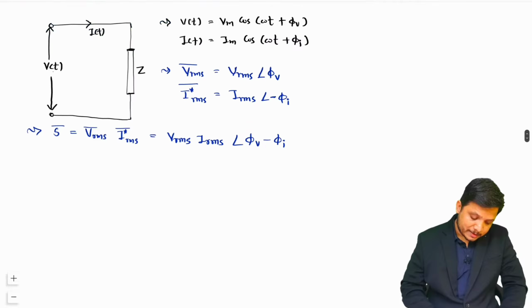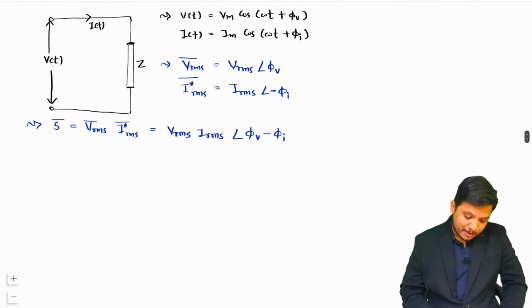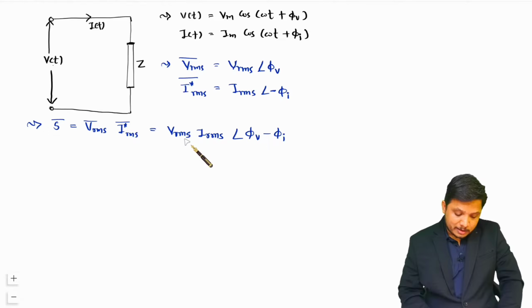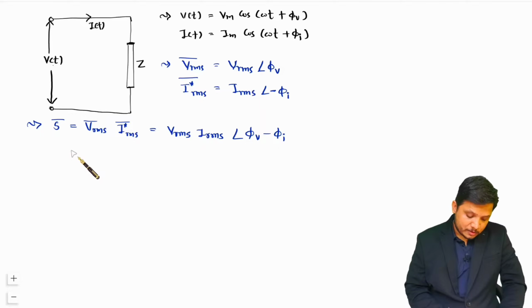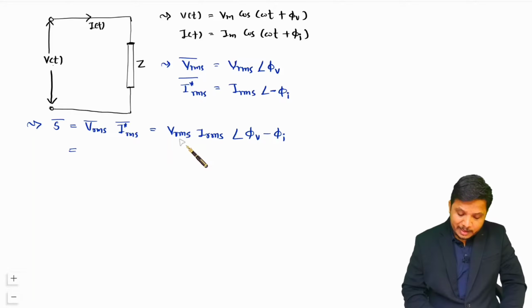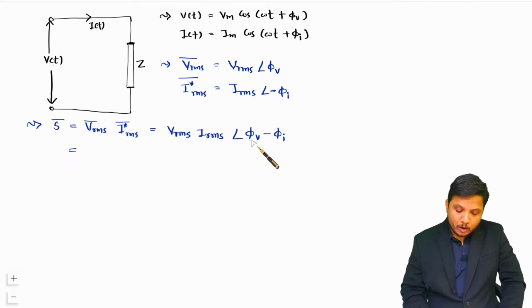Now I want to represent this in the form of real and imaginary parts. The real part will be magnitude into cos of this angle, and the imaginary part will be magnitude into sine of this angle.